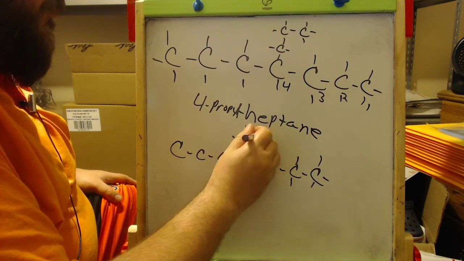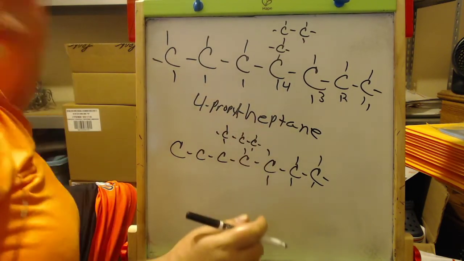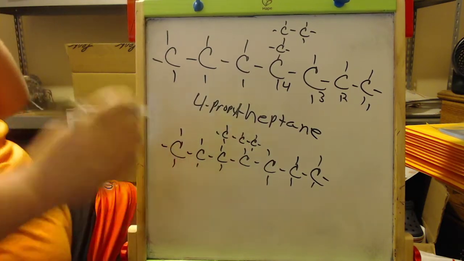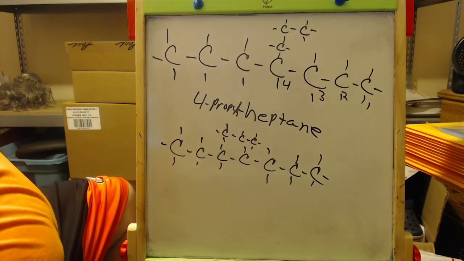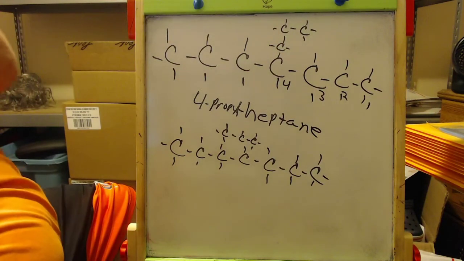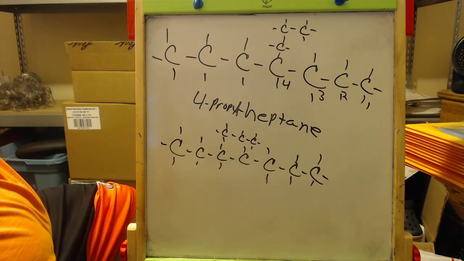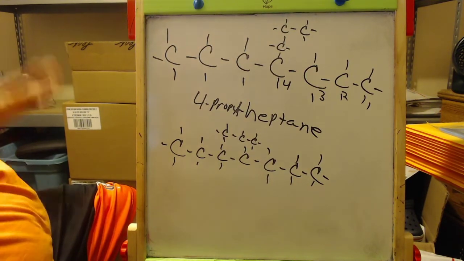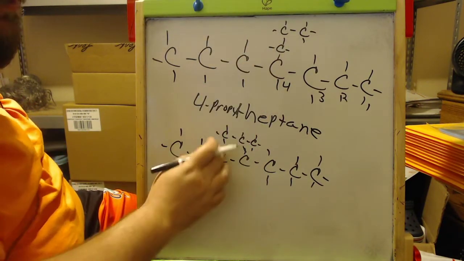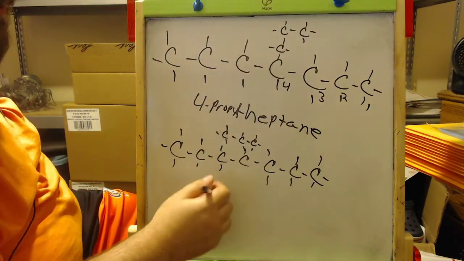But now here's my propyl group, and it is attached to the middle carbon instead of being attached to the end carbon. I need to indicate where it's attached, that it's attached to the 2nd carbon, not the 1st carbon in the chain.